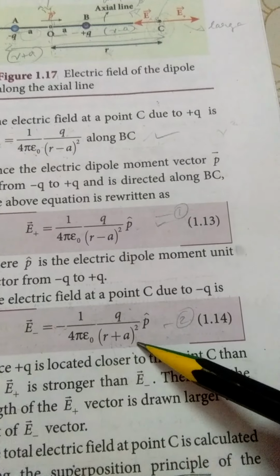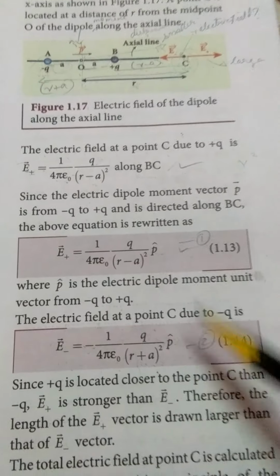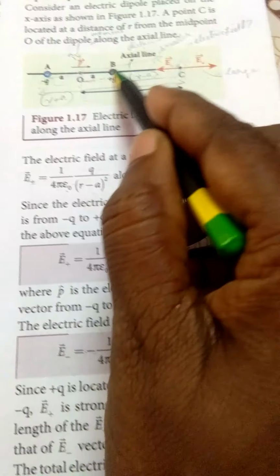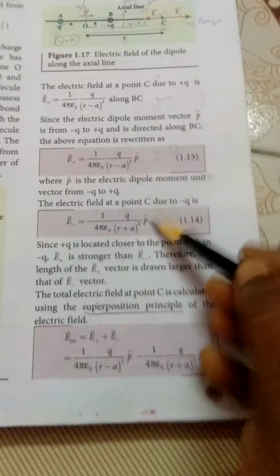So (r plus a), the square we have put. So next P cap. P cap means it's the dipole moment. It's moving to this side only, the dipole moment. So we are taking the P cap. Okay. So this is equation 2.